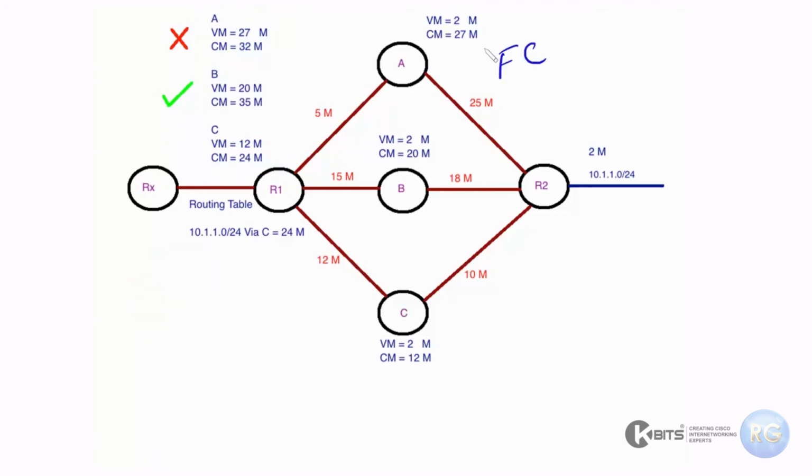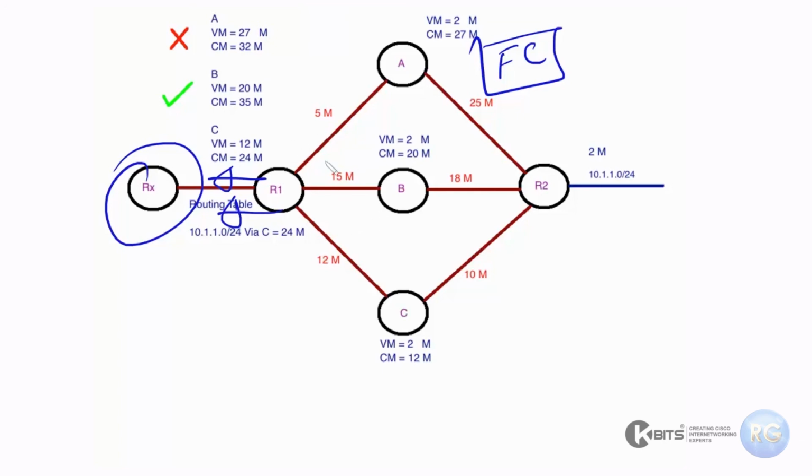Now why did I explain this to you guys? First, I want you guys to understand the feasibility condition. Now, based on this, I want you guys to understand another thing. This router over here, router X, it's getting all its EIGRP updates from where? R1.